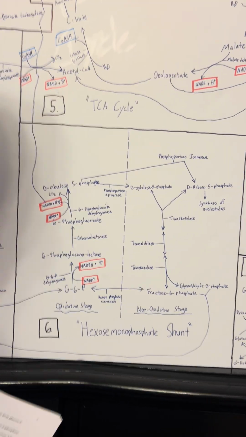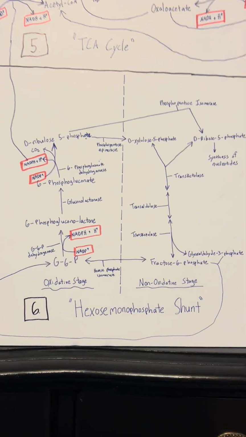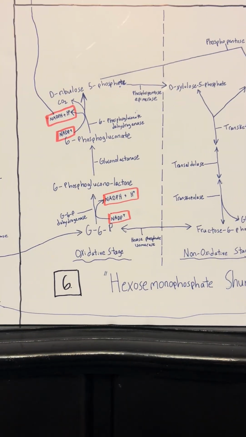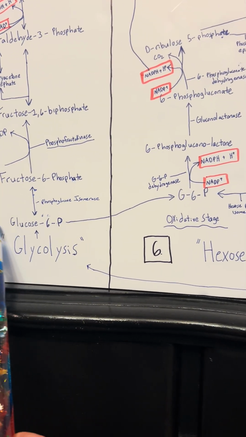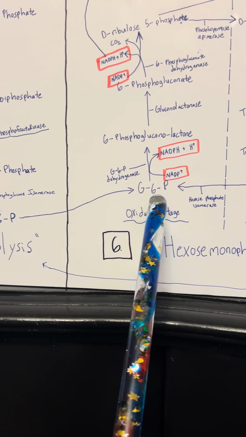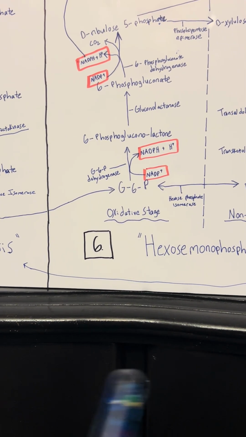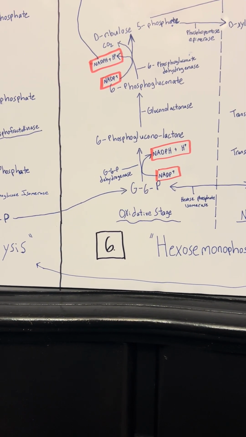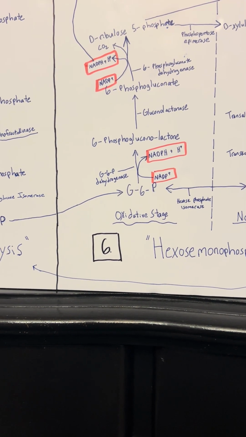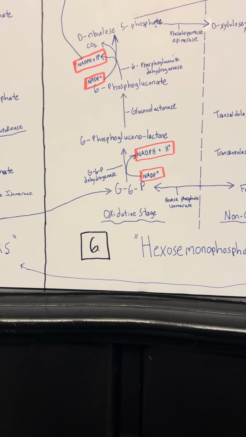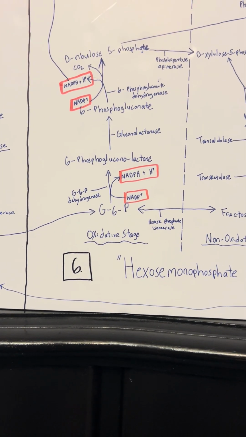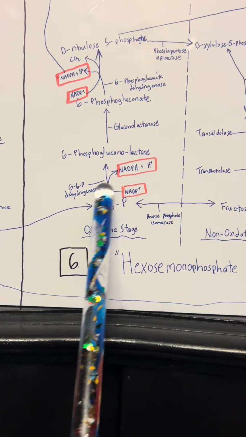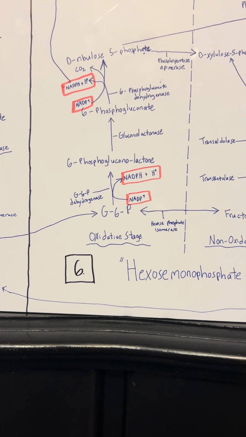Down here, though, for the hexose monophosphate shunt, this glucose 6-phosphate from glycolysis is used in the first step of the oxidative stage of the hexose monophosphate shunt. The glucose 6-phosphate is oxidized by glucose 6-phosphate dehydrogenase to form 6-phosphogluconolactone and produce a NADPH plus H plus.